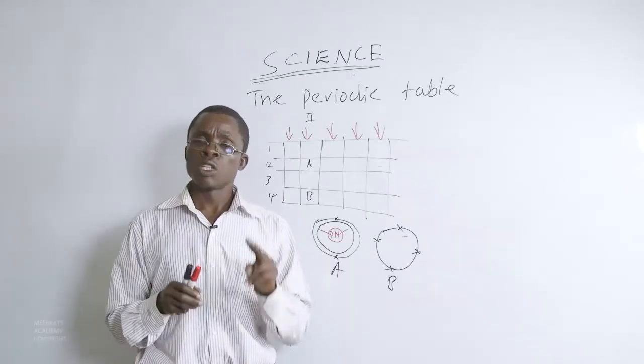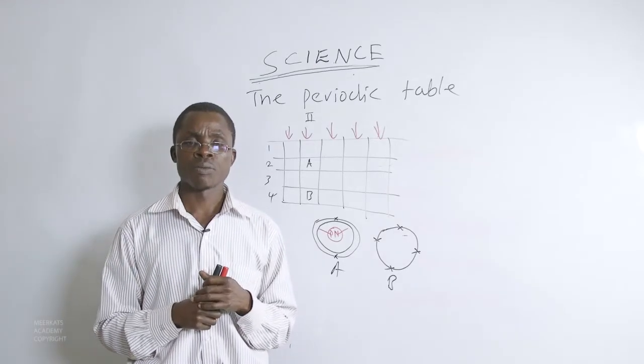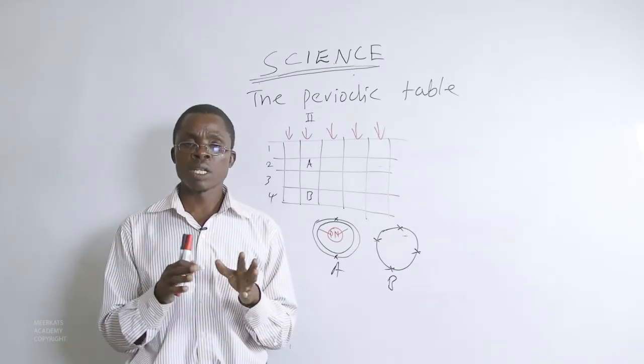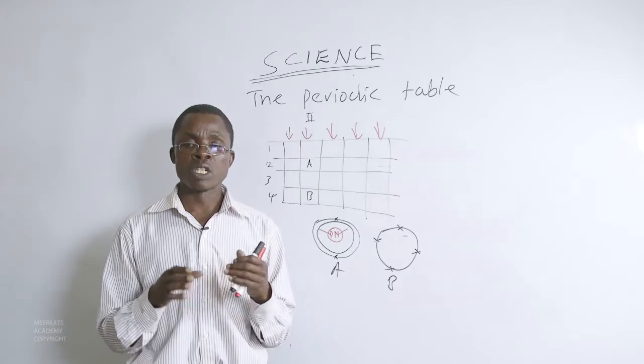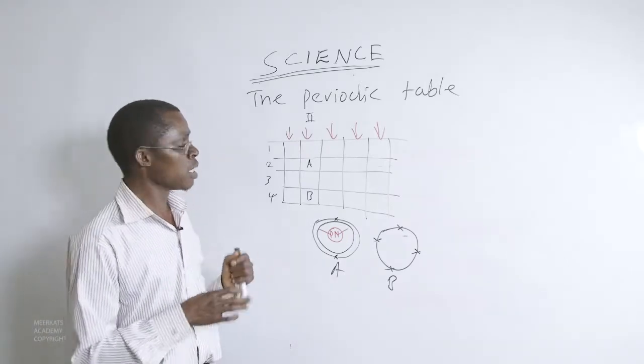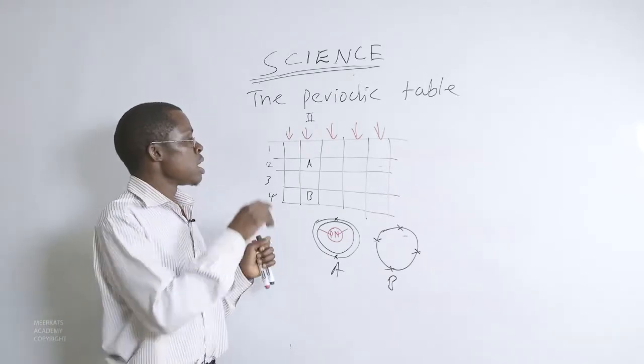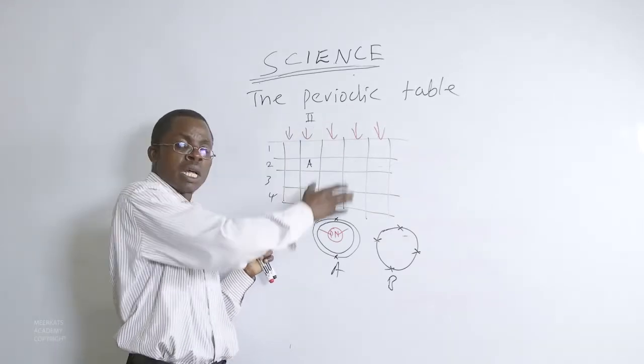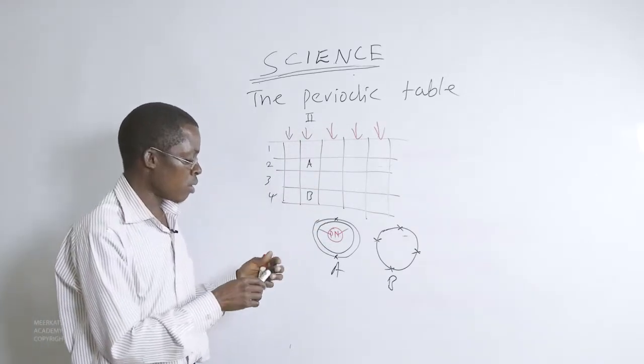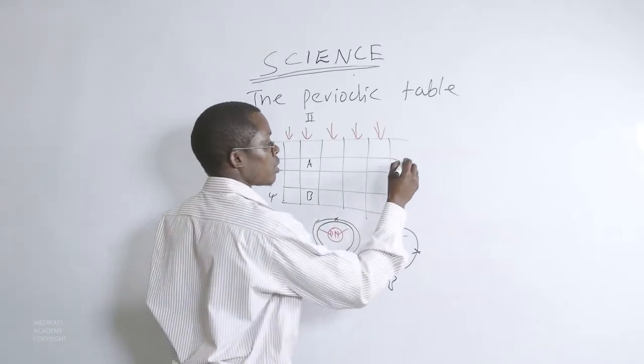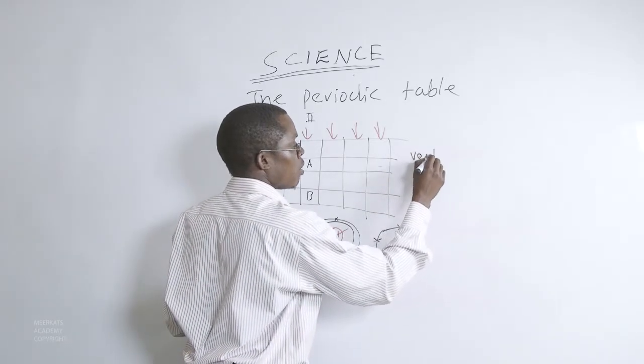This gives us 2 things in a periodic table. One, I've already given the name, but not directly. So giving the name directly, the vertical columns in a periodic table are called groups.